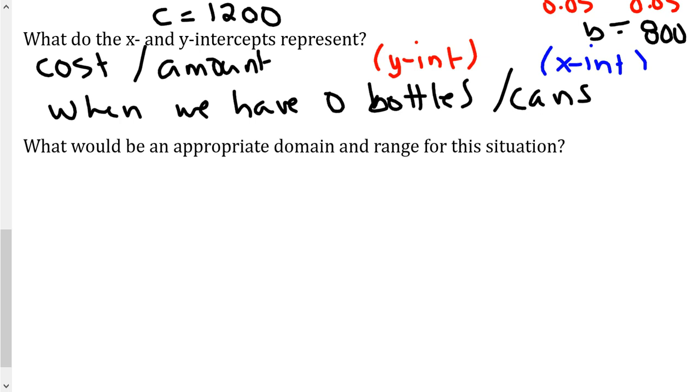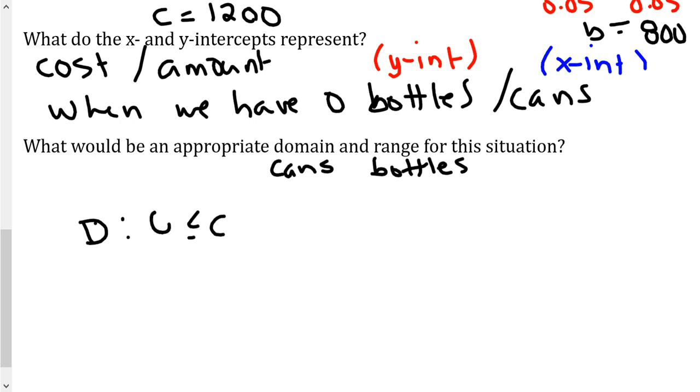What would be an appropriate domain and range for this situation? Remembering that domain, this was talking about our cans, that was our x value in this case, and bottles, that b value, is going to be talking about our range. So looking at this system, thinking about cans for our domain, the least number we can have is 0.